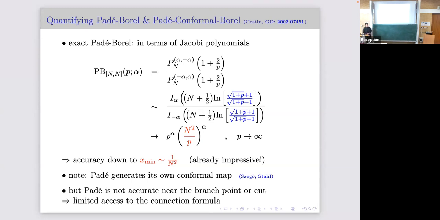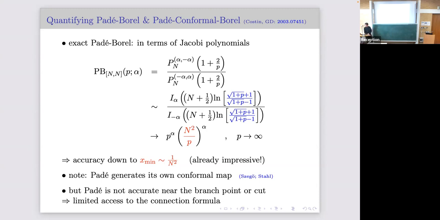We heard from Andy's talk last Friday, there's a very deep connection between Padé approximation and orthogonal polynomials. And that's the key here. Padé approximation, you can think of it in terms of these orthogonal polynomials, and then it's their asymptotics that tell you something about the behavior. So for example, this is Jacobi polynomials with index alpha, minus alpha in some particular variable.